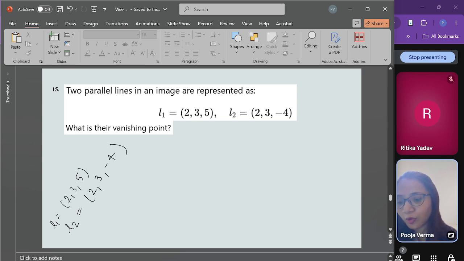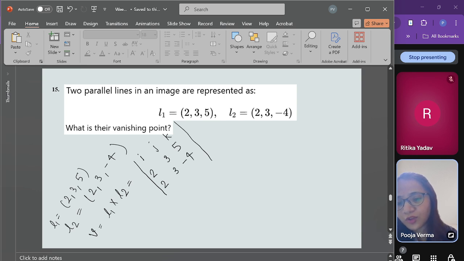Vanishing point means the intersection of two lines, so we can take the cross product of these two lines and you will get the point. How can we find the cross product? With the i, j, k matrix: first line 2, 3, 5, and next line 2, 3, minus 4.